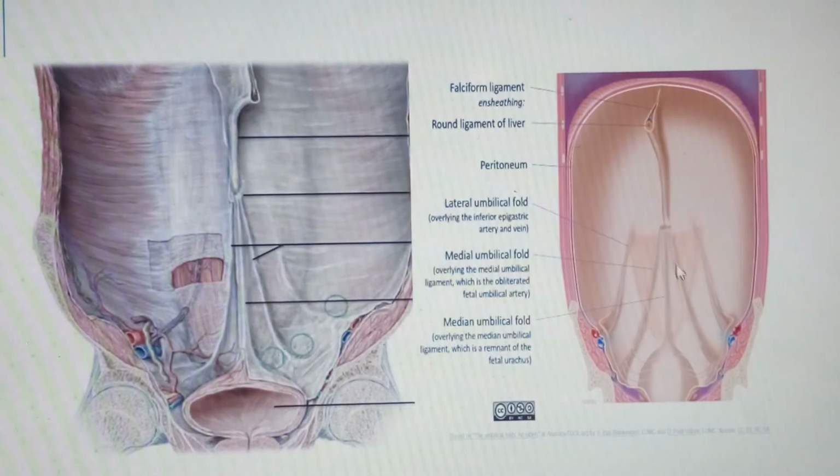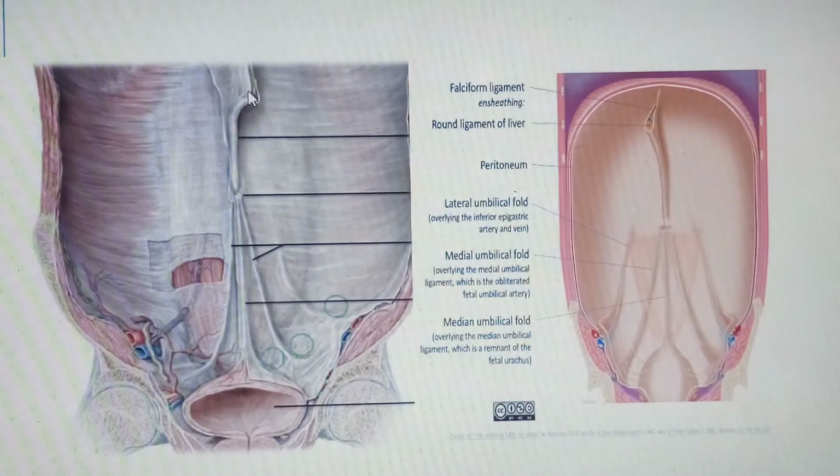So that's why you can see two of them, this one here and this one here. So left and right umbilical arteries are now becoming what we call the medial umbilical ligament. And these medial umbilical ligaments will form part of what we call the medial umbilical fold. So that is one thing that we have to get.